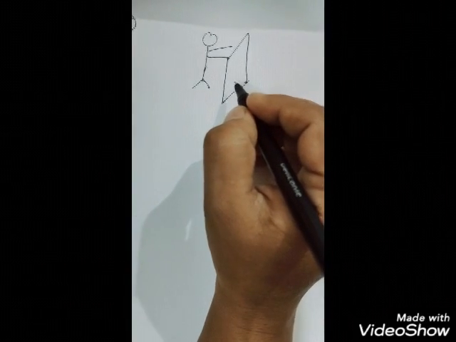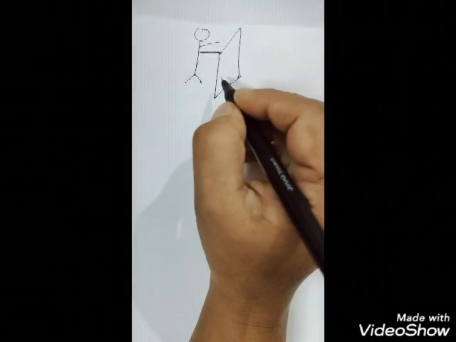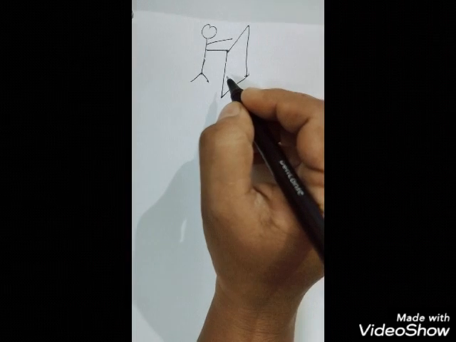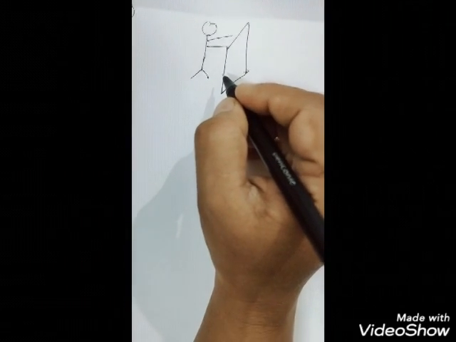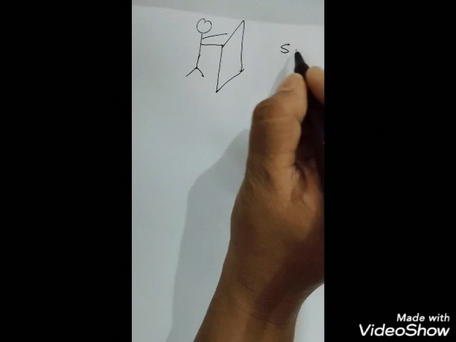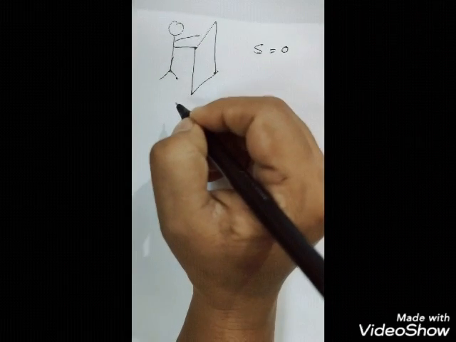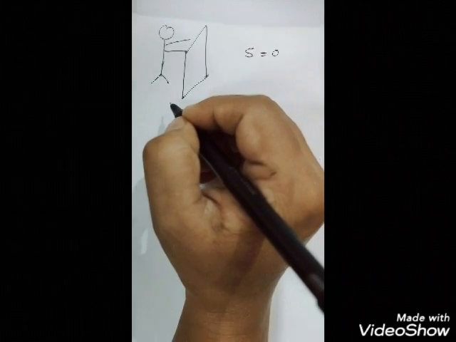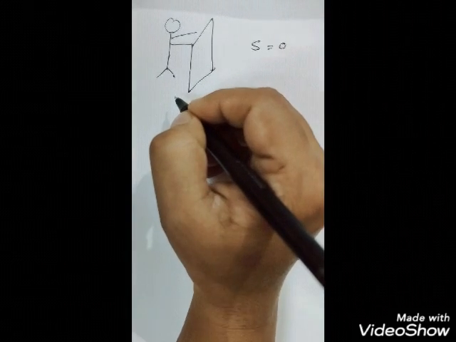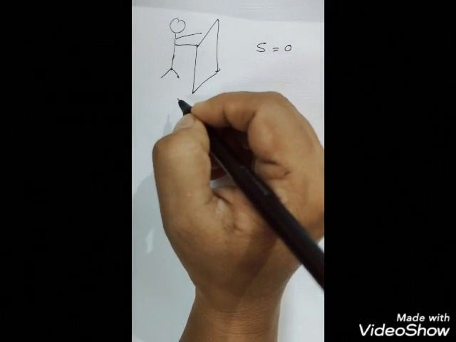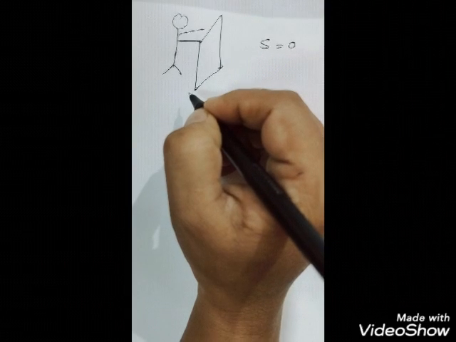That means the wall is not displaced. So we cannot say here that the work has been done because the displacement is 0. Okay, that means work is said to be done when the displacement is there.